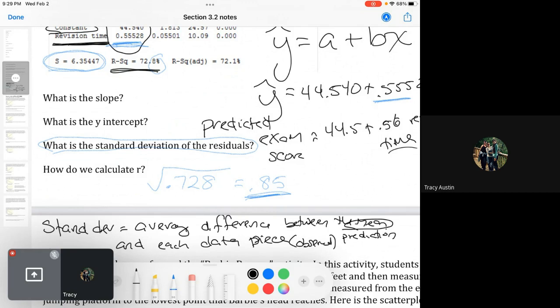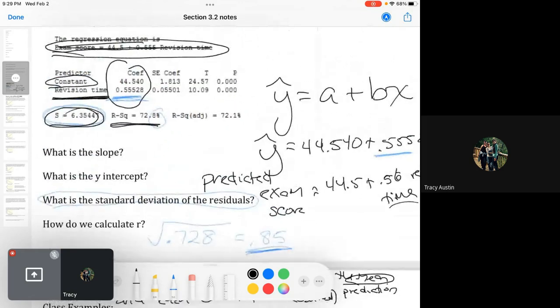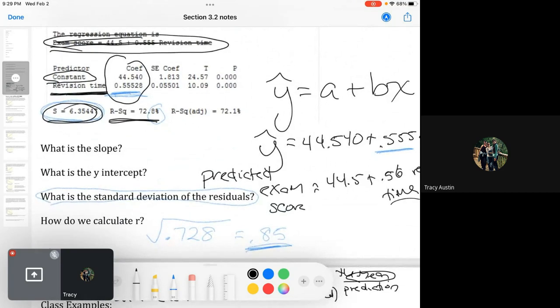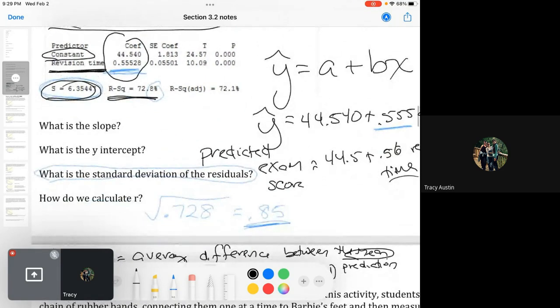If you're ever asked, and again, we'll talk more about this tomorrow, what a typical error would be in your prediction, that would be a typical error. So I'm assuming that since they're comparing an exam score versus a revision time, the average difference in the observed exam score and the predicted exam score would be like 6.3 points, right? It would actually have some kind of a unit on it.